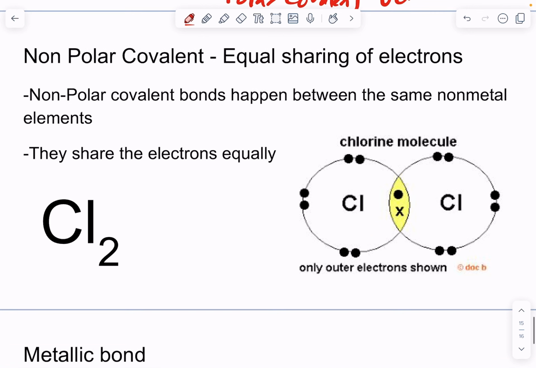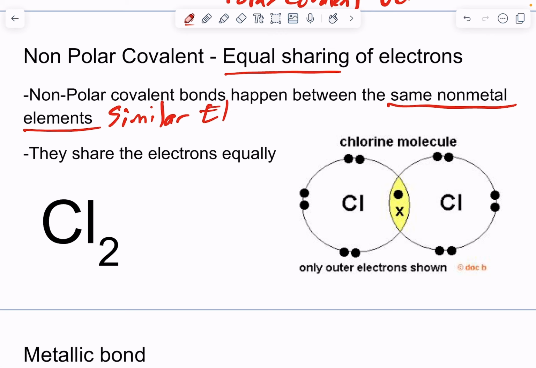Okay, nonpolar covalent is what we call it when we have equal sharing of electrons. This happens because these are the same nonmetal elements, or they have similar electronegativities. Electronegativities, that's such a long word.